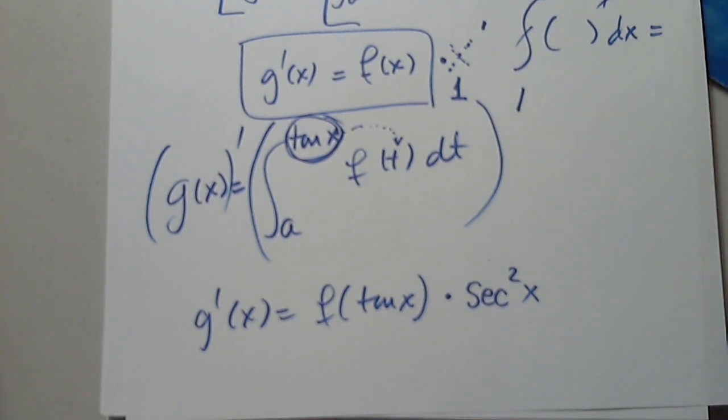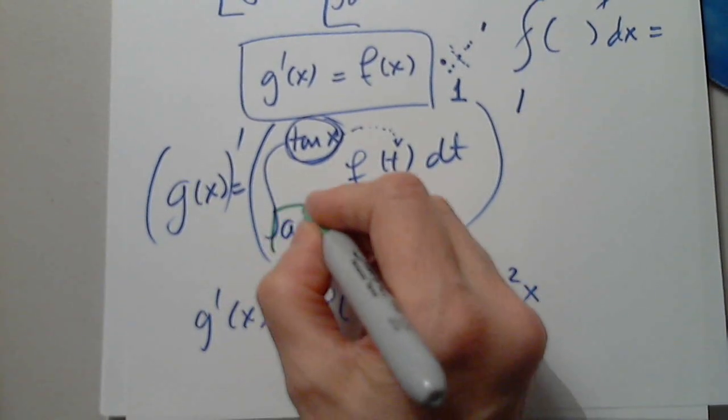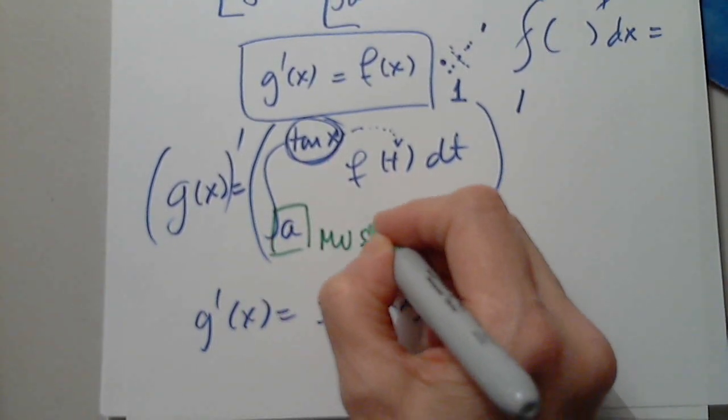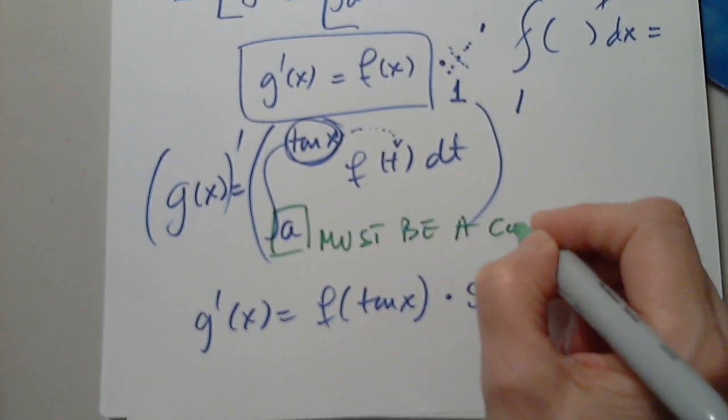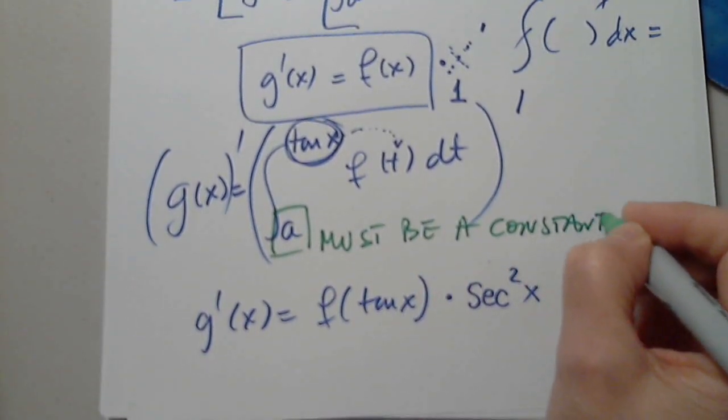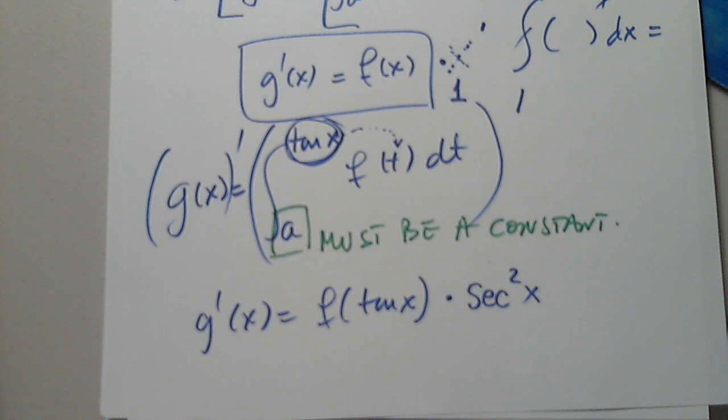Before I continue, I just want to make one other item clear. This must be a constant. What if it isn't? I will have examples in a moment when it isn't.